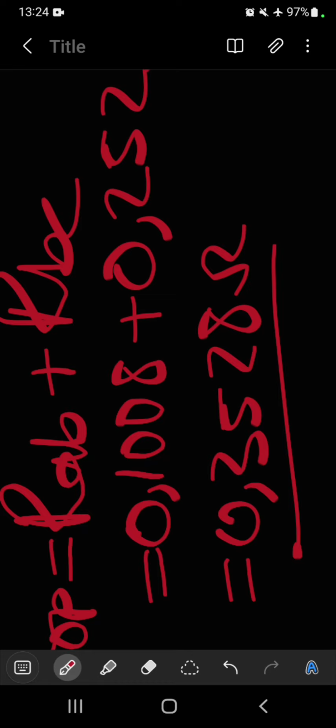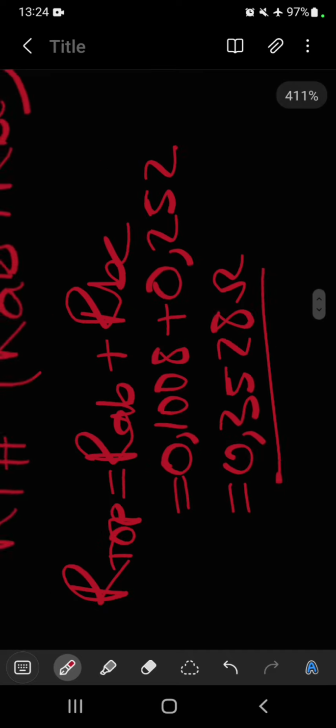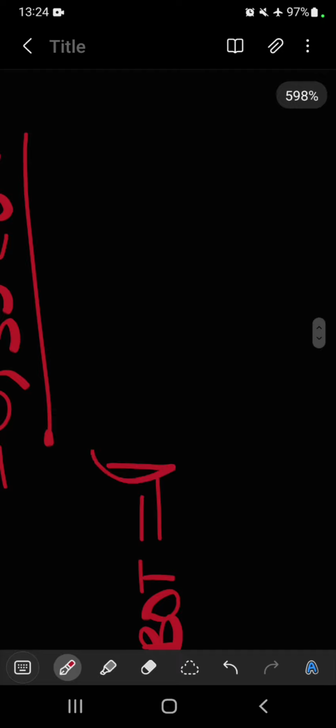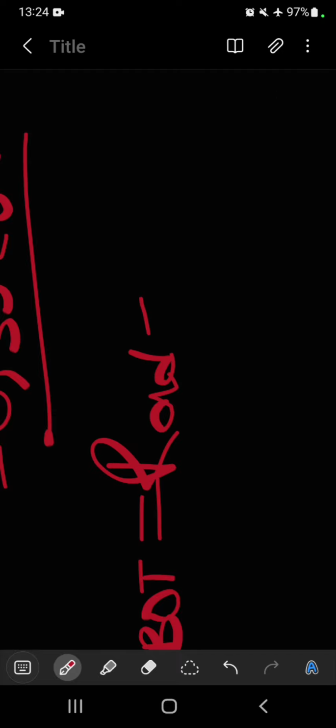Now we're gonna have R bottom. I keep saying V, please excuse me, but I know you see what I'm doing, so just bear with me. R bottom is RAD in series with RDC.